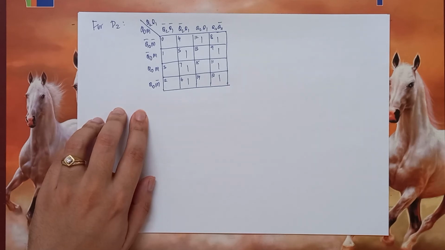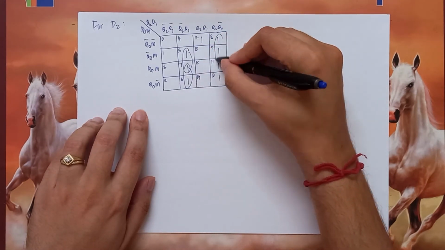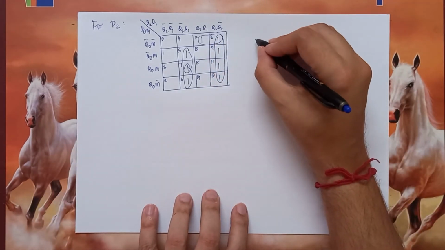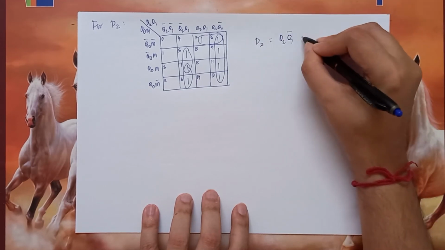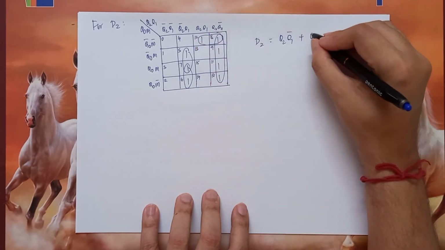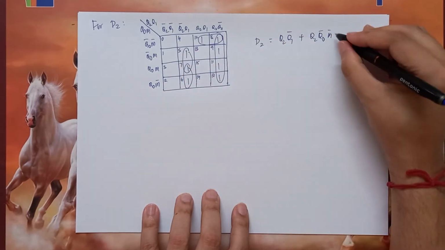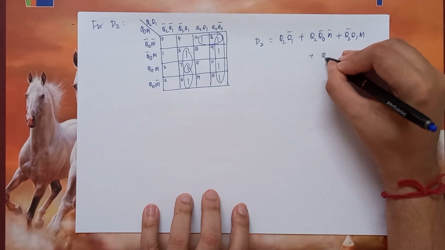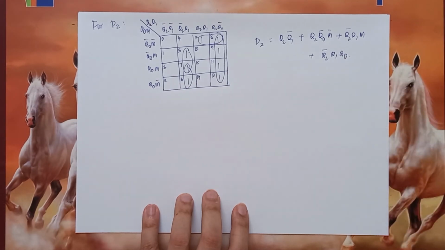These are the ones. So we can make two groups of 2 over here, one group of 4 and another group of 2. So over here D2 will be Q2 Q1 bar plus Q2 Q0 bar M bar plus Q2 bar Q1 M plus Q2 bar Q1 Q0. This is what it will be.